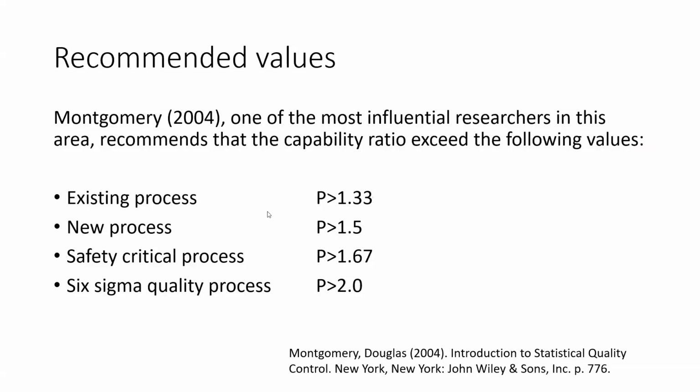If you want a new process, you want to do it right, and you have to change it anyways, he suggests 1.5 is good. A safety critical process is 1.67 or larger. And a Six Sigma quality process is 2. Now, why 2? Well, because 1 means 3 sigma, so 2 means 6 sigma.